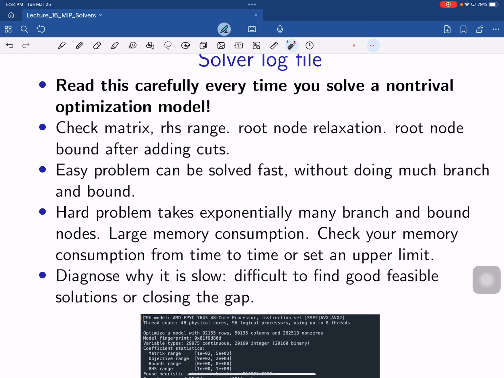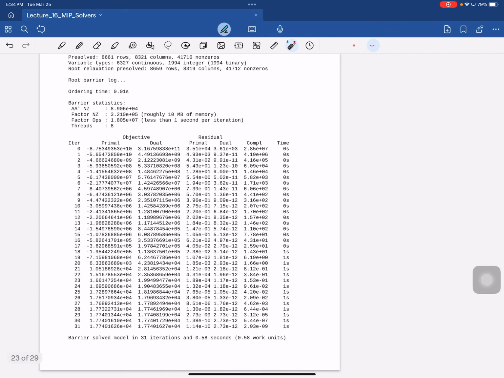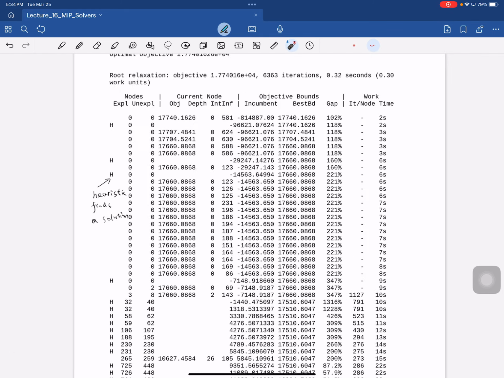From the log file. Or in other words, how do you know the solver already gave a good bound at the beginning? The size of the gap. Yeah, so the way you could check is, let me go to this log file here, okay.